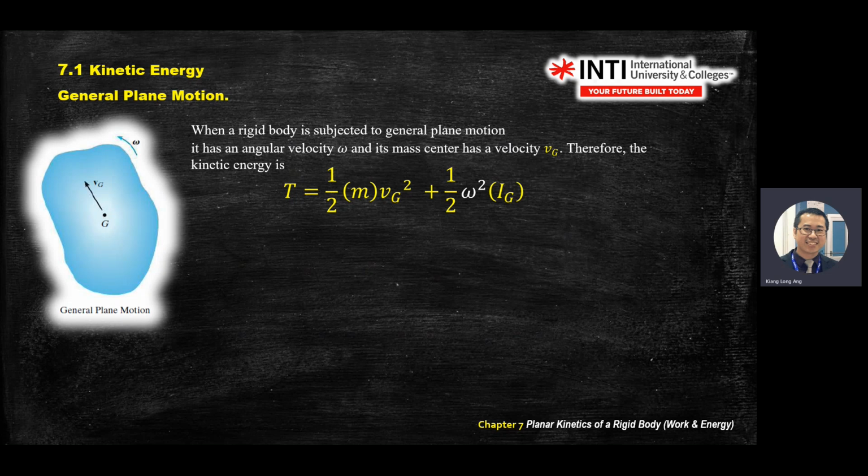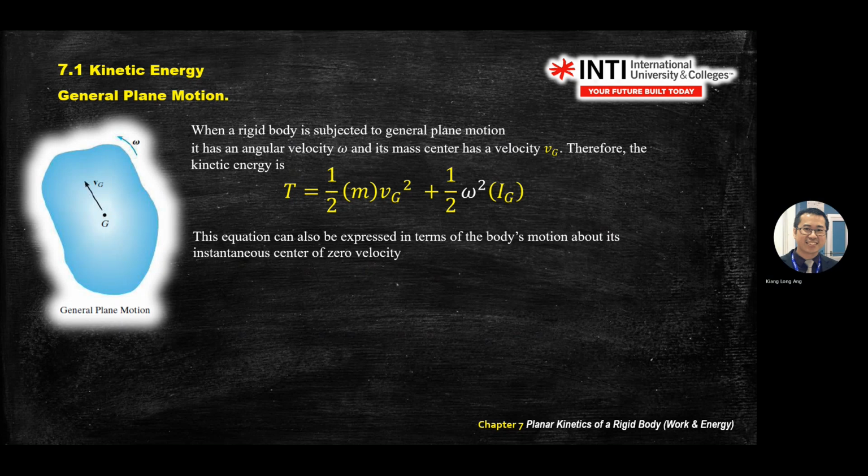If it's not the same, then you have to calculate the central one. So you can combine. You can also use kinetics, this whole equation. You can also use the IC equation. You can combine these two into IC terms.